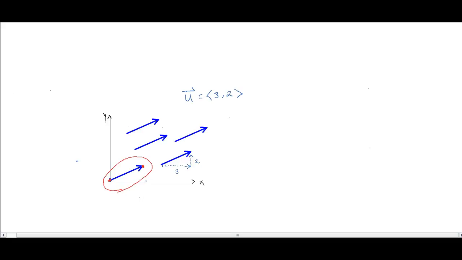Its terminal point has exactly the same coordinates as the components of the vector, because the terminal point of this vector is 3, 2, exactly the same as the components of the vector that we want to represent. We are going to be using these position vectors a lot. This is going to be the easiest way to visualize things that are being represented by vectors. So make sure that you know the terminology position vector when it comes up.